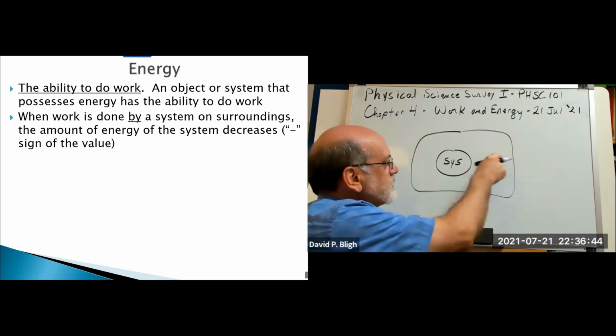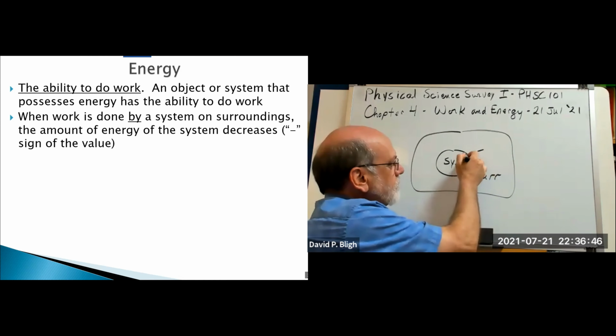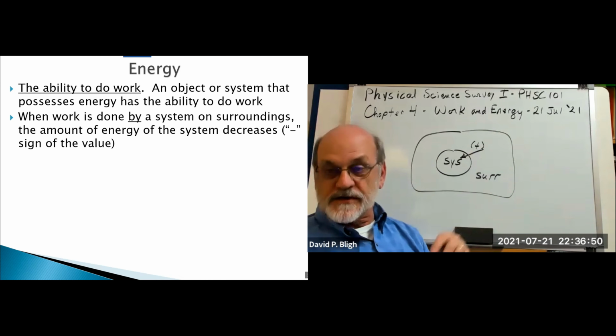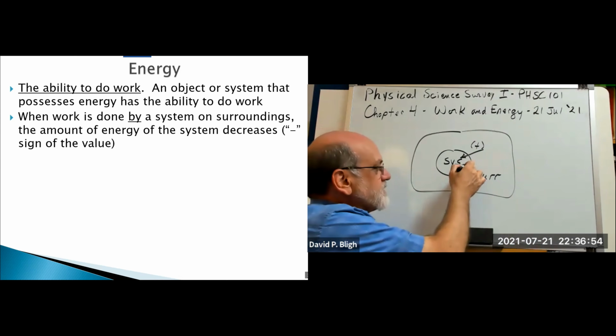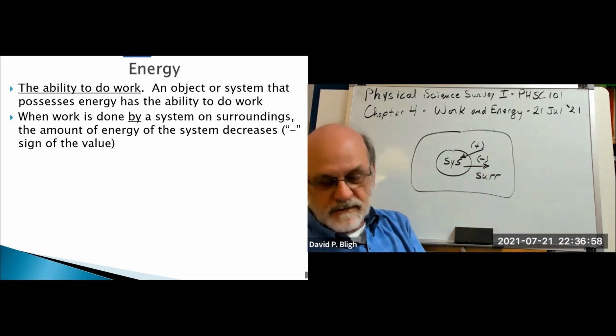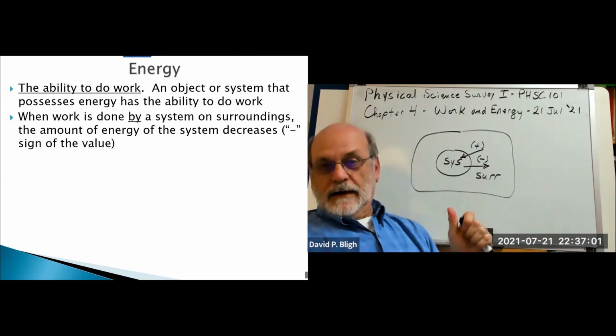If something is transferred into the system, it's a positive value. The system has gained, so it's a positive value. If anything leaves the system, it's a negative value. All right.